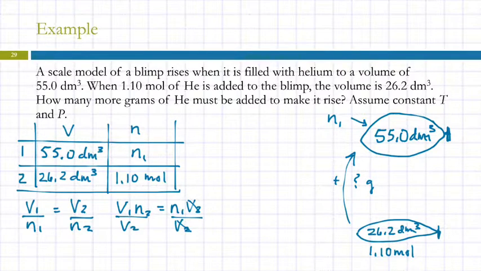What am I doing? N1 equals V1 N2 over V2. V1 is 26.2 cubic decimeters. Cubic decimeters is a weird unit. We don't use it very much, but that's okay. It can be in here.